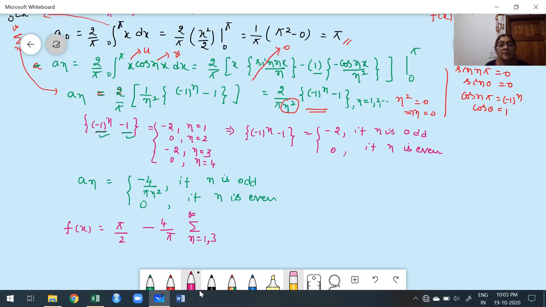Whenever you are considering the summation of only even values, there I have to write at least the first 2 even values, 2, 4 like that. Understood? Only we consider odd values. Similarly, even values. Now what we get? 1 by n square cos of nx. This is the required Fourier series for the given function.